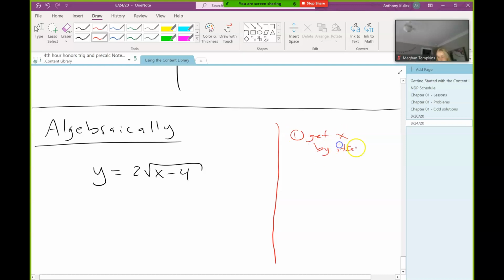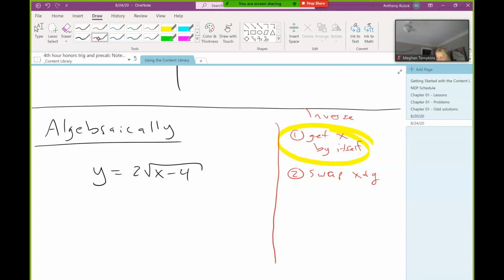So the first thing we want to do is get x by itself, and then we swap x and y, right? That's to find an inverse. The step that we're going to worry about, though, that's going to help us find the range, is just the getting x by itself part. So to do that, the first step would be to divide by 2, right? Then what?